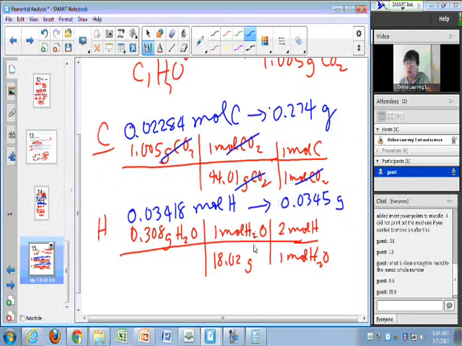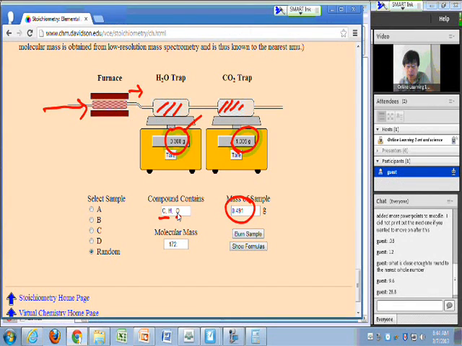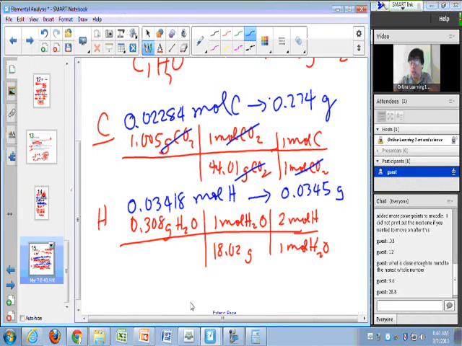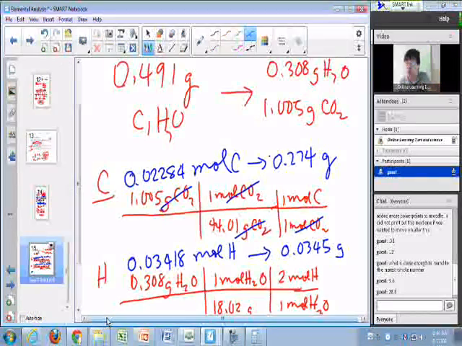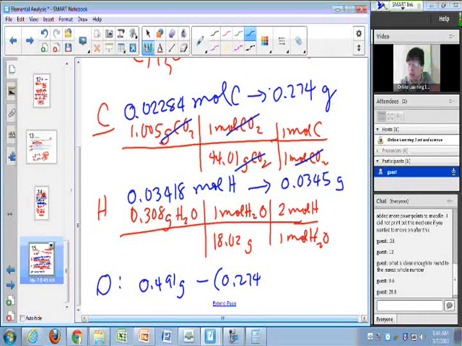So how much oxygen do we have here? This compound has oxygen. To figure out the oxygen, you just subtract from the total, which was 0.491, minus 0.274, minus 0.0345 grams.